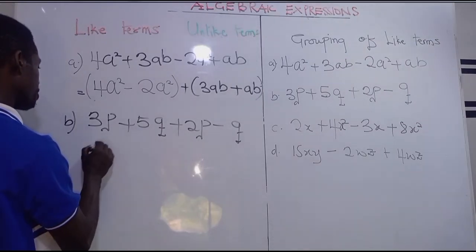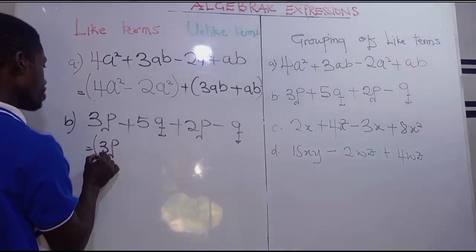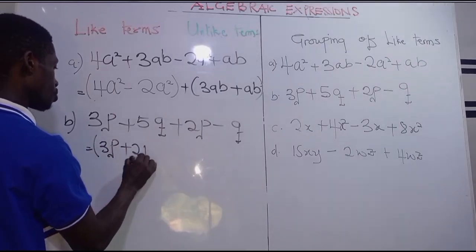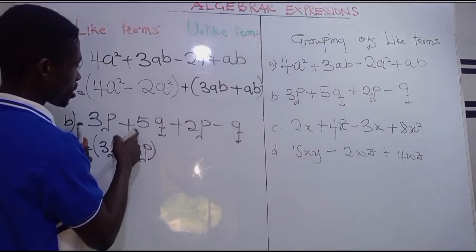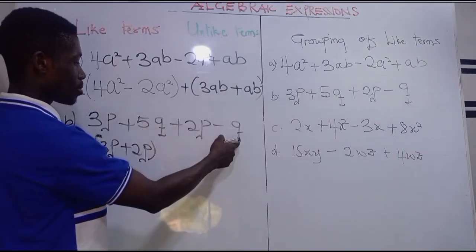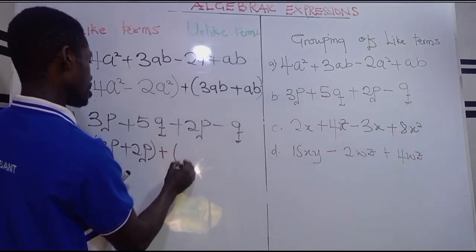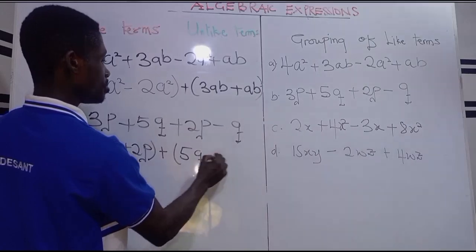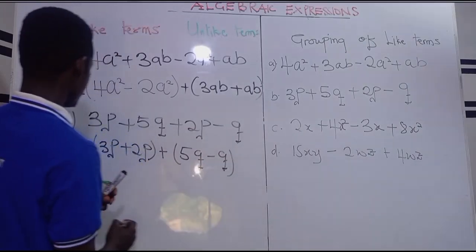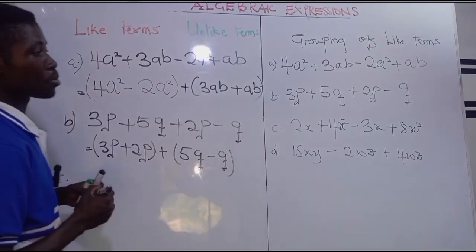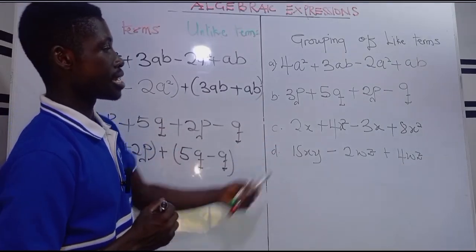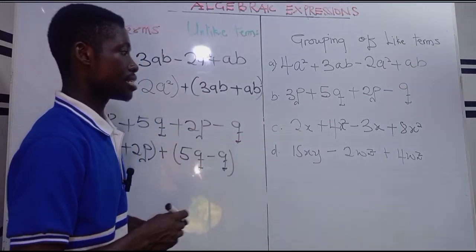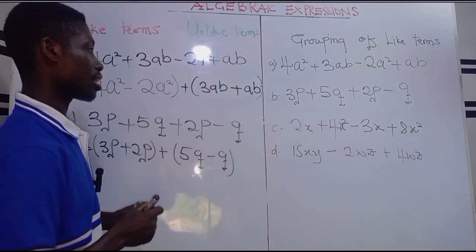So we have 3p plus what? 2p. Now we have 5q and then q. They are also like terms and therefore we can group them together. Now try your hands on example C and then D. Do it yourself. Is that clear?